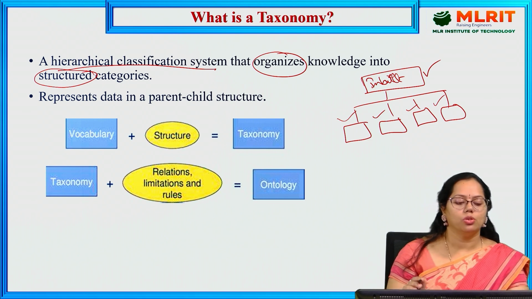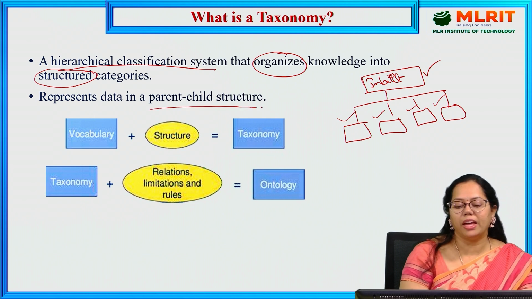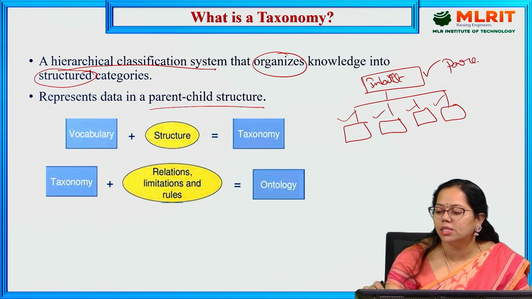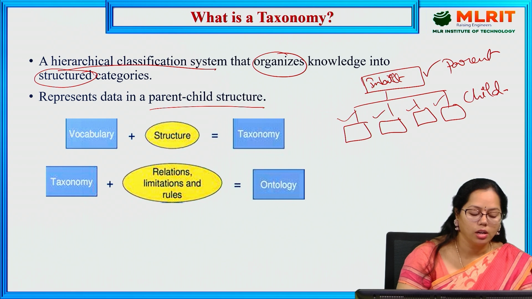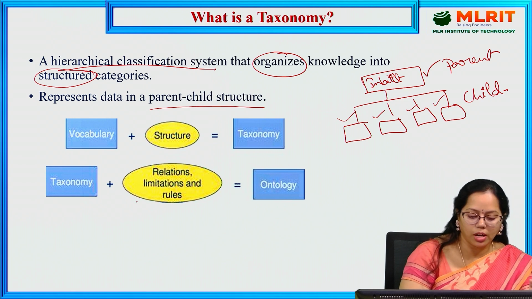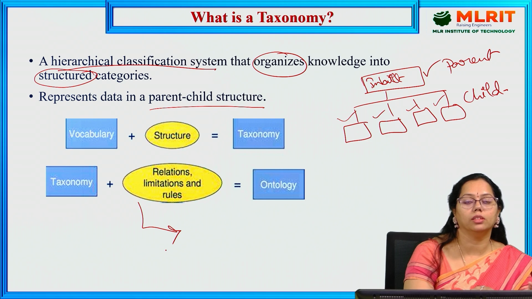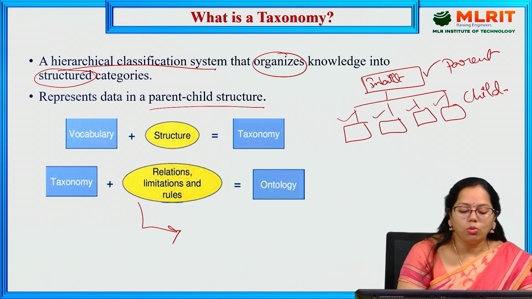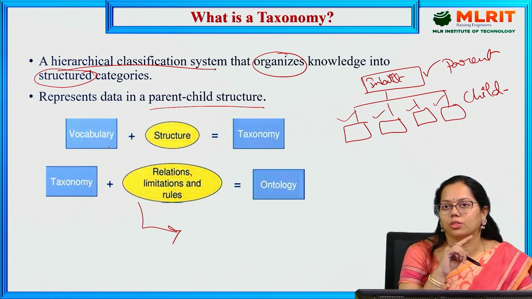So here you can represent the data in a parent-child structure. Now this can act as parent and these are child nodes. Now if you are talking about the diagram here, we know that the vocabulary shows the ontology structure.